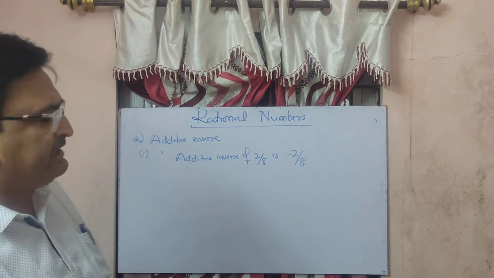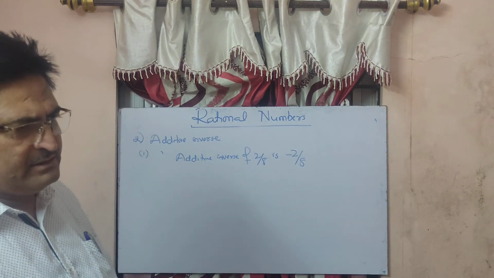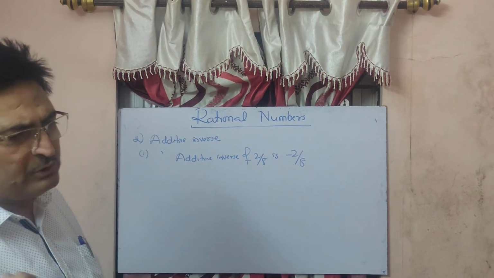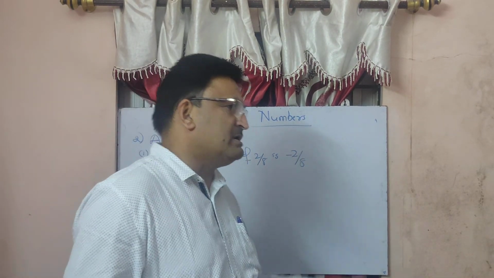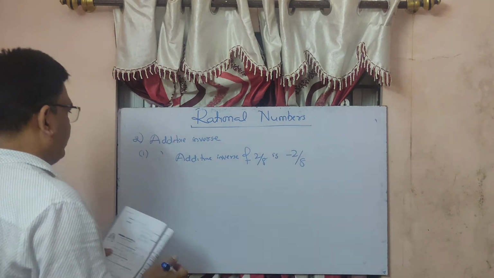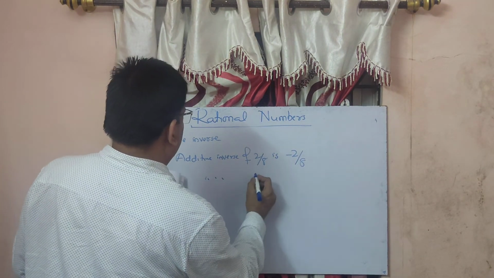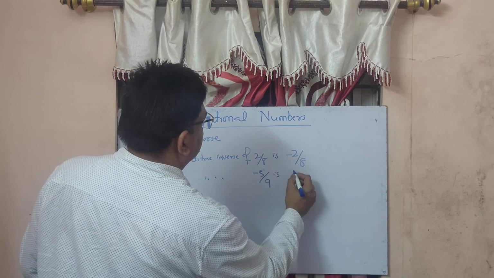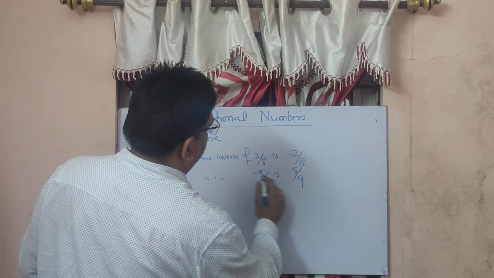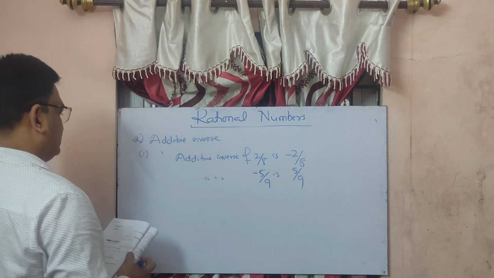You just have to write the negative, the reverse, the opposite number. The opposite number of 2 upon 8 is minus 2 upon 8. In the same way, the additive inverse of minus 5 upon 9 is 5 upon 9. The minus sign will go, it becomes positive.